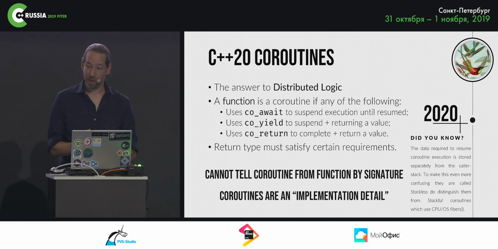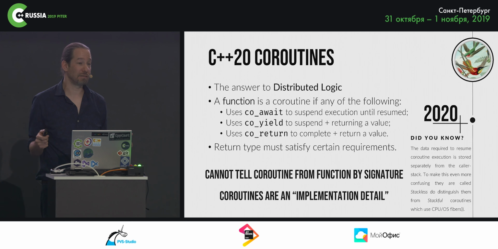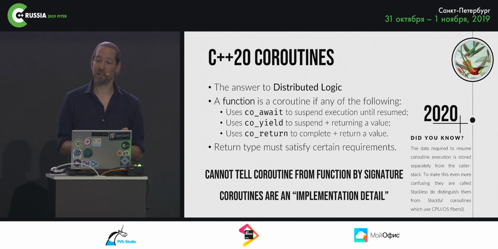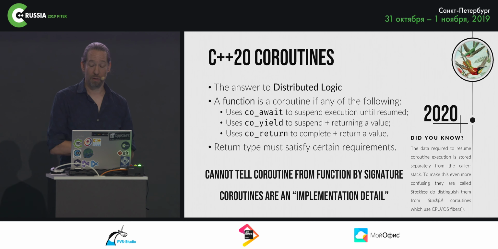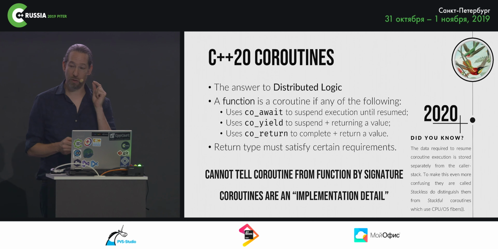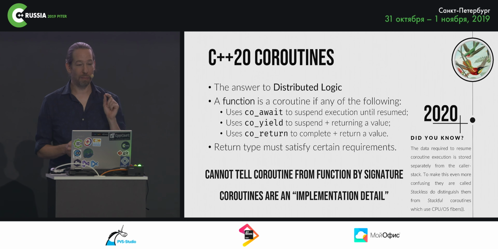Now, how do we know if a function is a coroutine? We can't, not from a signature. From the header file, maybe the prototype or the forward declaration of a function, we can't actually know if a function is a coroutine, because coroutines, and this is a really important aspect, are an implementation detail. The user of the function doesn't need to know how the function was implemented.